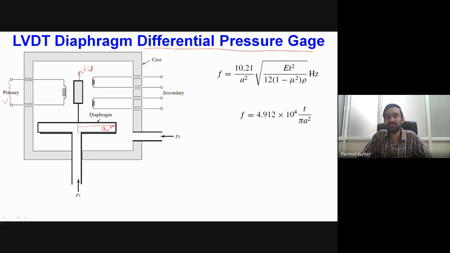E is the elastic modulus, t is the thickness, mu is Poisson's ratio, and rho is the density of the material of the diaphragm. This frequency is given in hertz. If you substitute all these values, particularly for brass material, you will find the final formulation of the frequency using this formula, after substituting the values of Poisson's ratio and elastic modulus within the elastic limits.